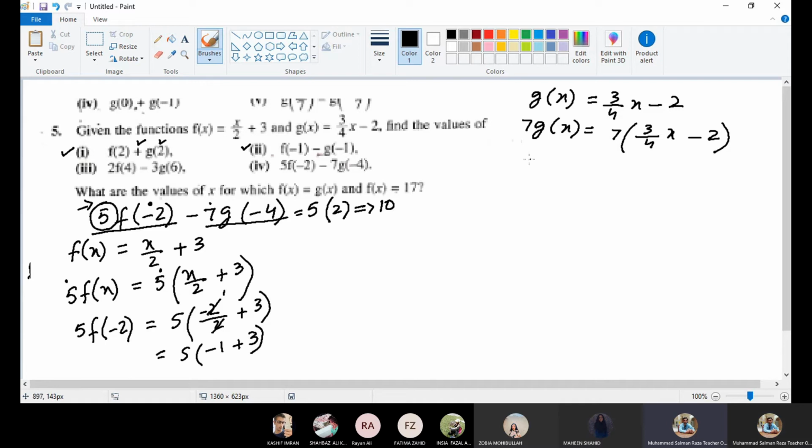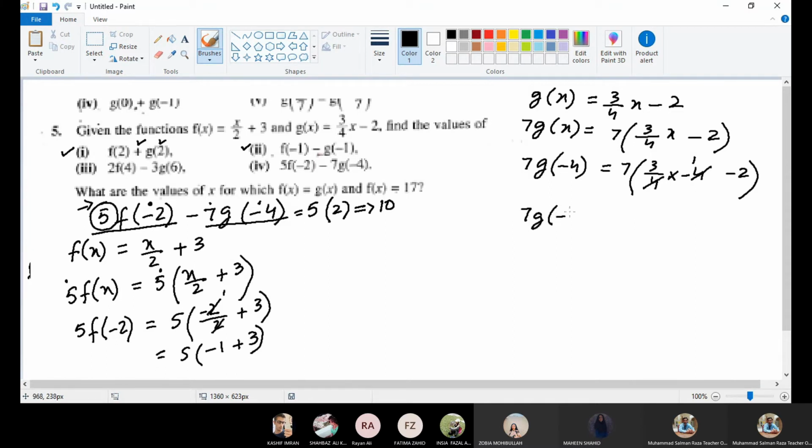And now in the next step, I'll replace every x by minus 4. So over here, I'm going to place minus 4. And now over here, I am going to place minus 4. And then minus 2 is written over here. So this 4 and this 4 cancel out. So this minus 1 remains over here.